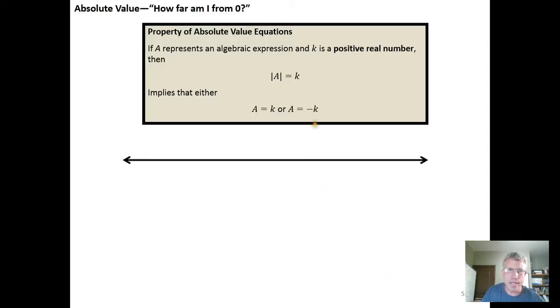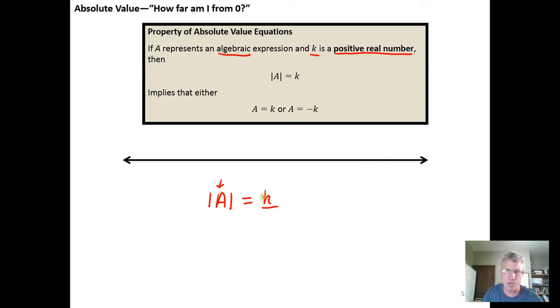So if I generalize this a little bit, I can be working with an algebraic expression. I can be asking the question, when is my algebraic expression k units away from 0? And k would have to be a positive real number, because I'm asking when this algebraic expression is a distance of k units away from 0.